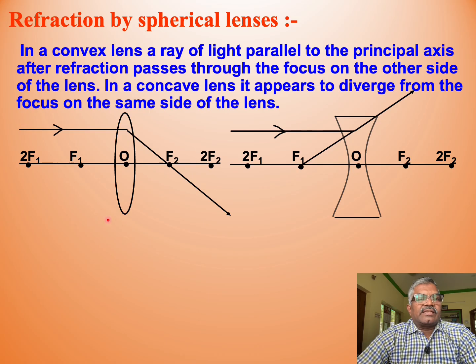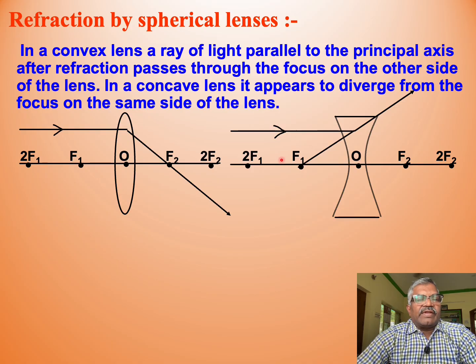Refraction by spherical lenses. In a convex lens, a ray of light parallel to the principal axis, you can see my pointer, after refraction passes through the focus.